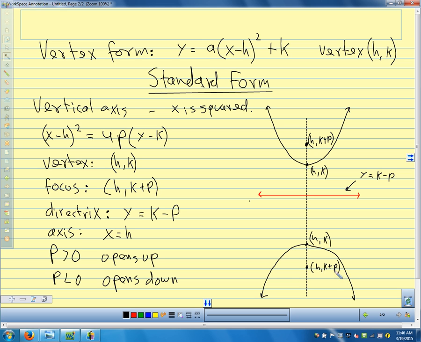And here p is negative, so it moves us the opposite direction. And our directrix is now going to be above the vertex. And we again get a line, y equals k minus p. But if p is negative, that moves us in the positive direction.